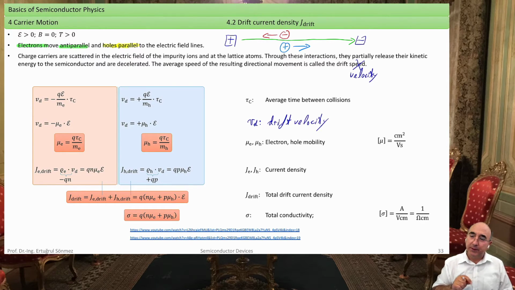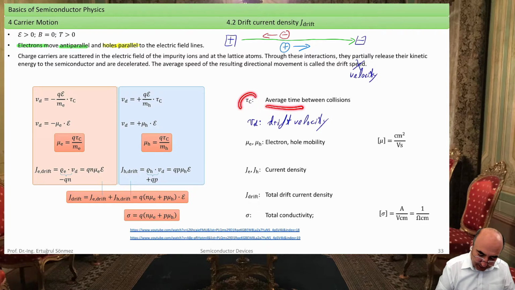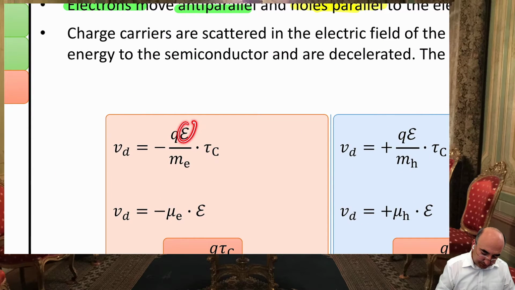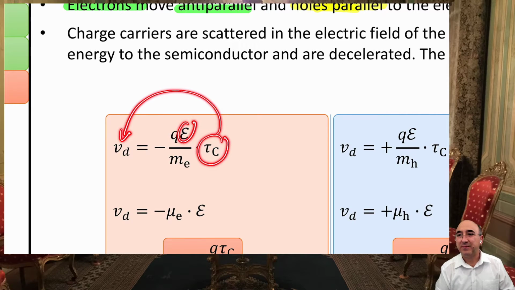But in matter, in the silicon, you are scattered. On average, you have this electric field and this time to generate velocity.